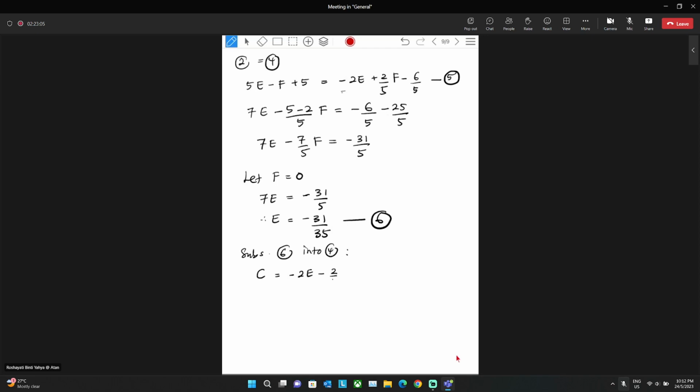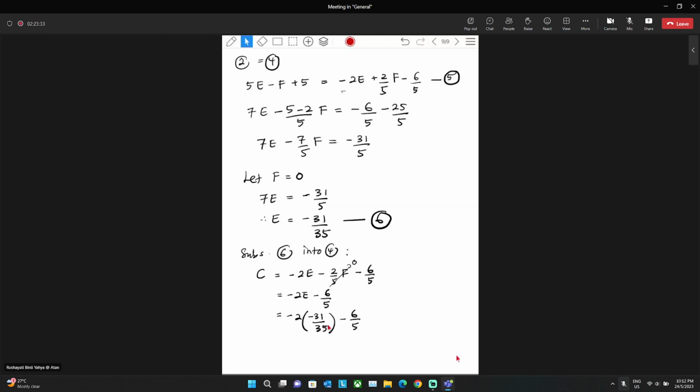So E here, negative 2E is negative 31 over 35 minus 6 over 5. Since the denominator is 35, for this you can multiply with 7.